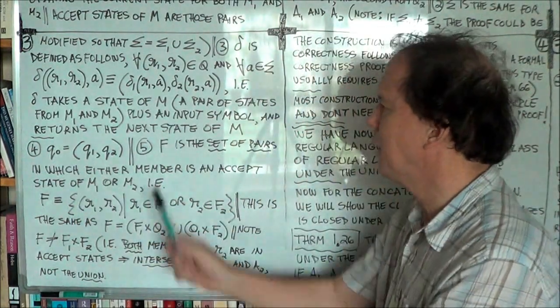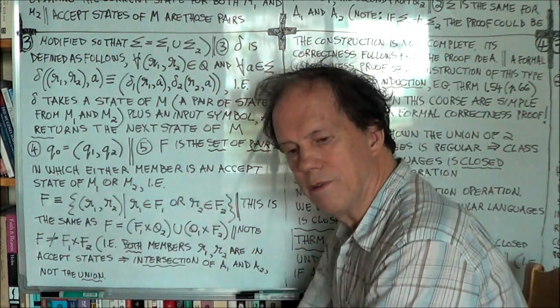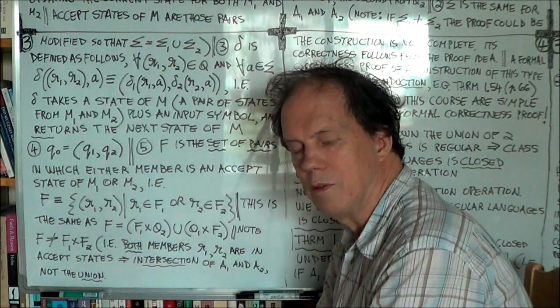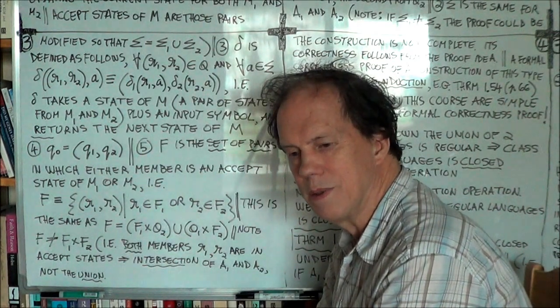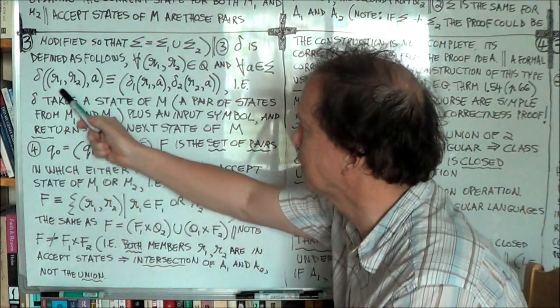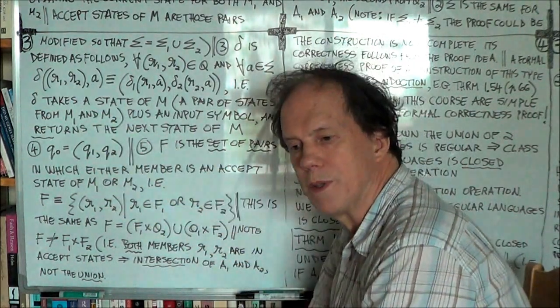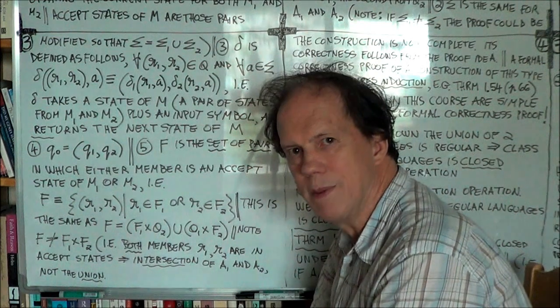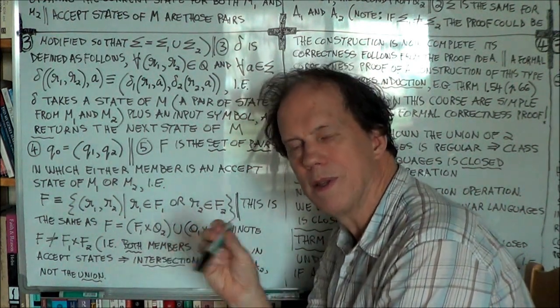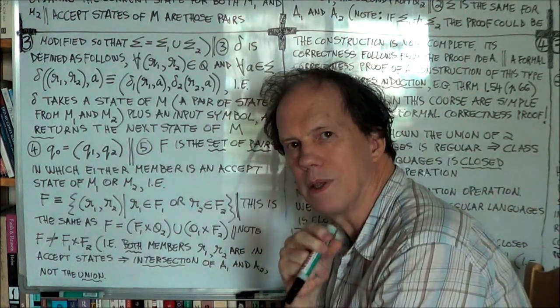All right. Now the fifth, the set of accept states for the machine. Remember the basic design idea was that if M1 or M2 accepts, then M will accept.